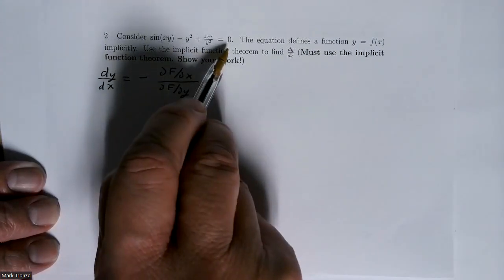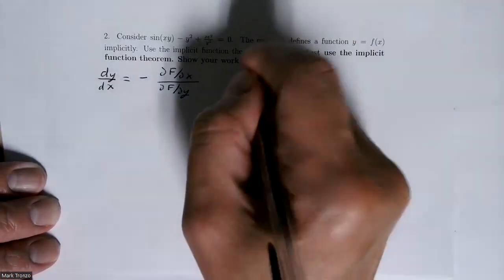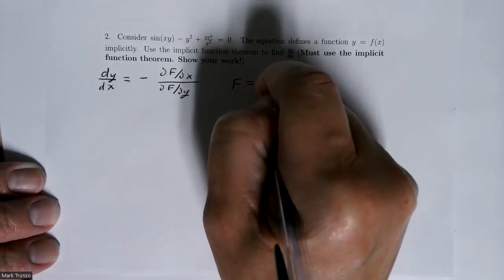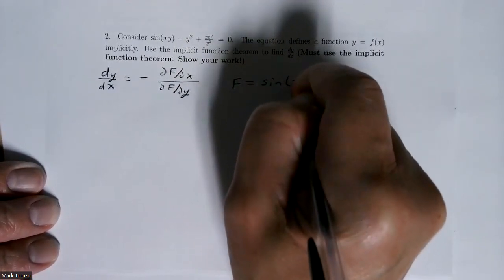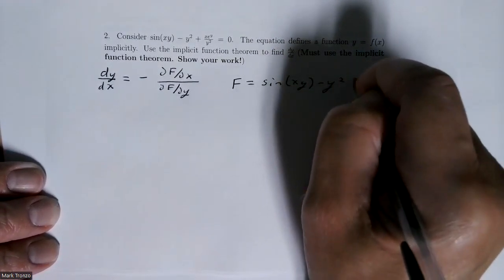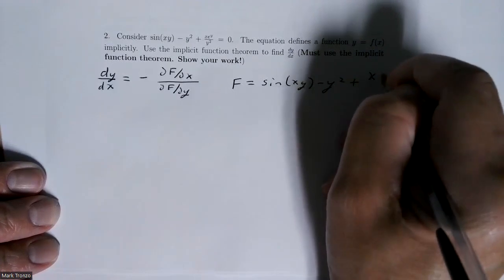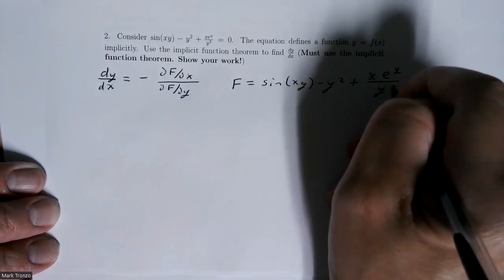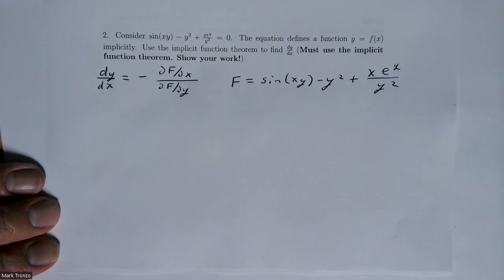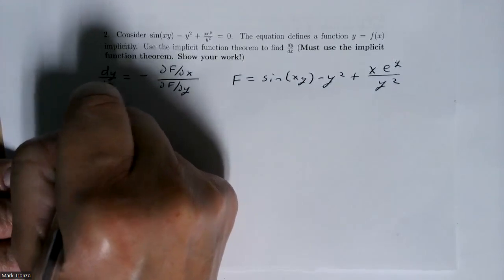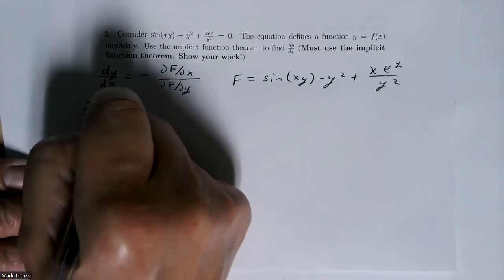And so now we want to find, so again, set this all equal to 0. And in our case, it's already done for us. And then do df/dx.